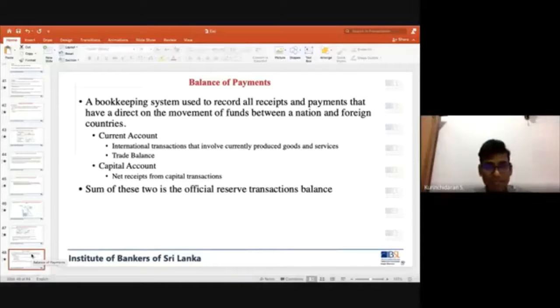So the balance of payment is always key for this foreign exchange market function, because all these transactions, what is happening in the foreign exchange market, are because of these transactions. Clear? Okay.